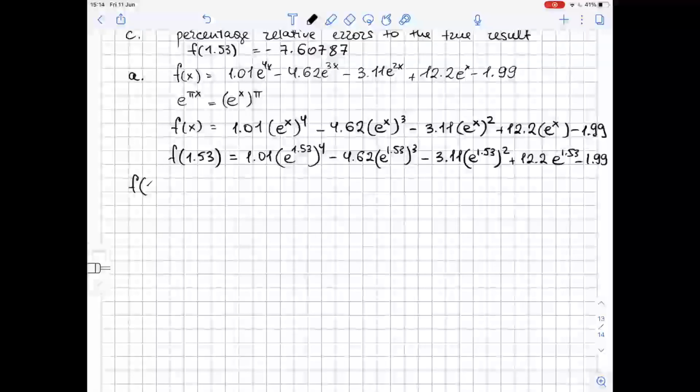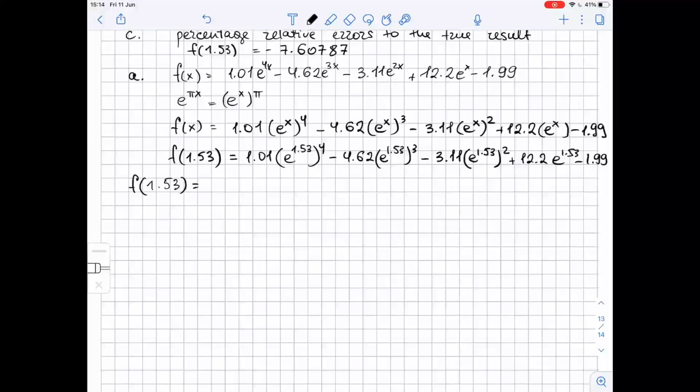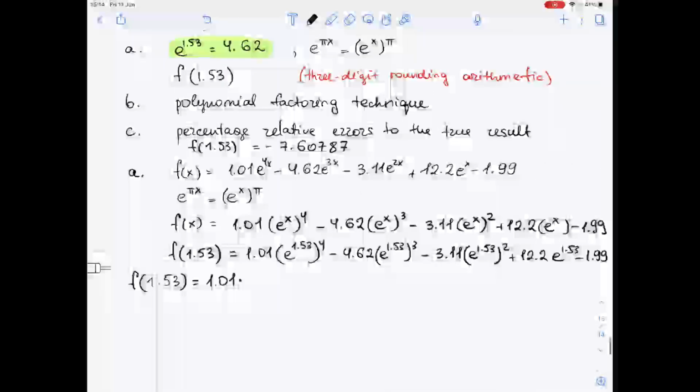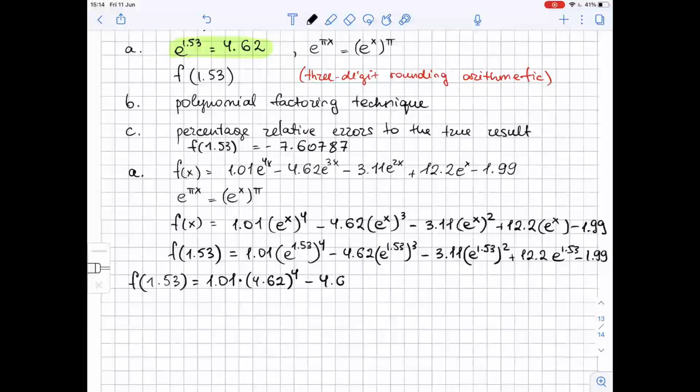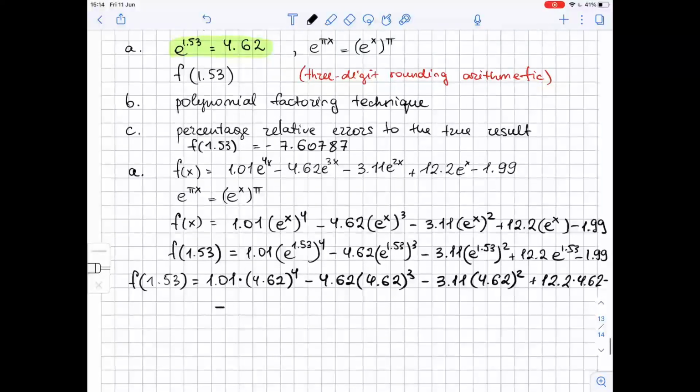So we get that f of 1.53 equals 1.01 times 4.62 to the fourth power minus 4.62 times 4.62 to the third power minus 3.11 times 4.62 squared plus 12.2 times 4.62 and minus 1.99.